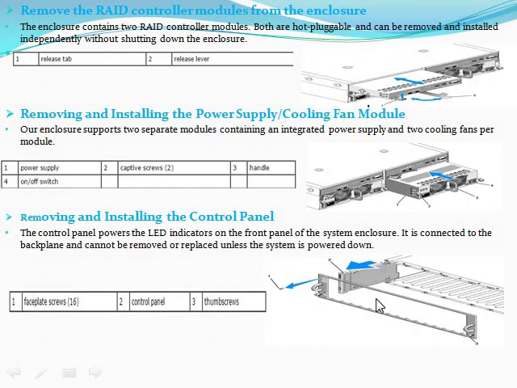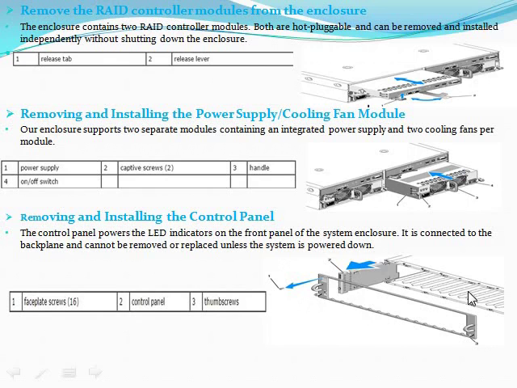For that, power down the host server, power down our enclosure, and disconnect all the power cables of the enclosure. Loosen the two thumbscrews on the front of the enclosure panel and pull the enclosure approximately 6 inches out of our rack. Remove all the physical disks from the enclosure.